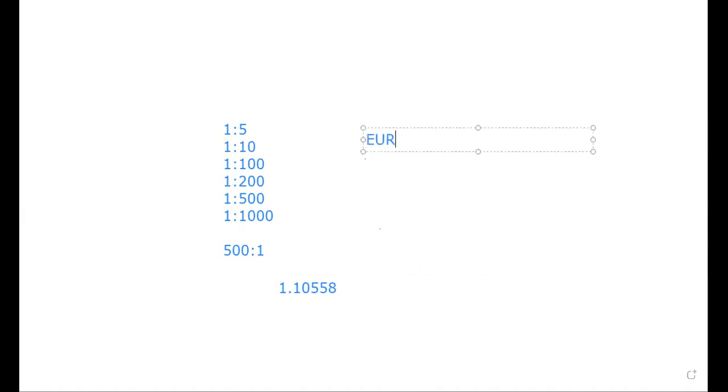Euro is the base currency, while USD is the account currency. If we trade USD/JPY, since our base currency is the same as our account currency, we take it as 1, which means our base currency is 1 and our account currency is also 1 because we are trading on a USD account.